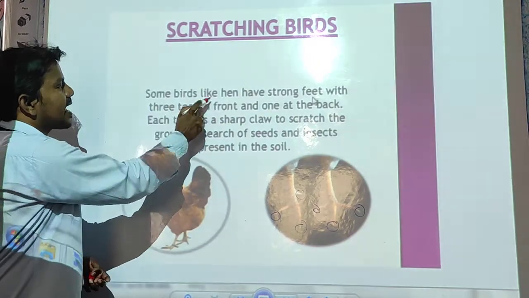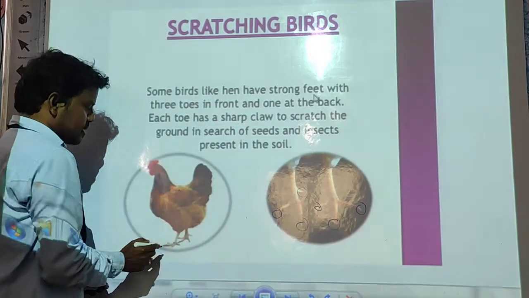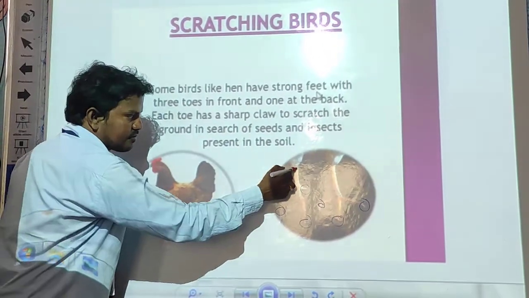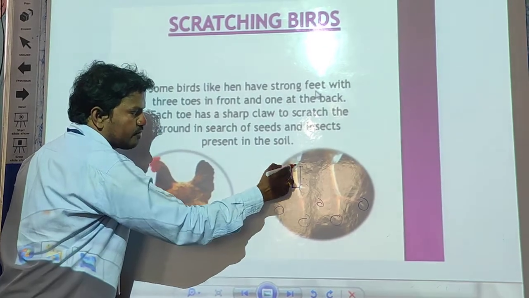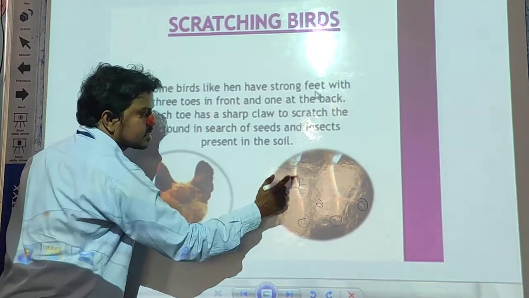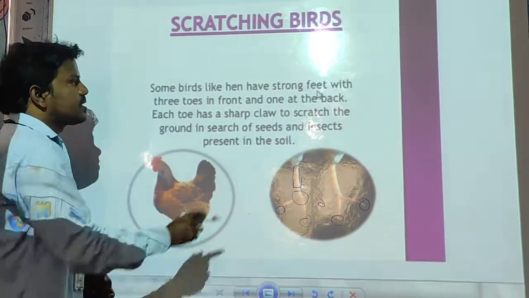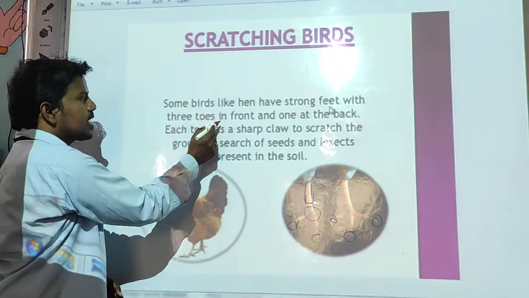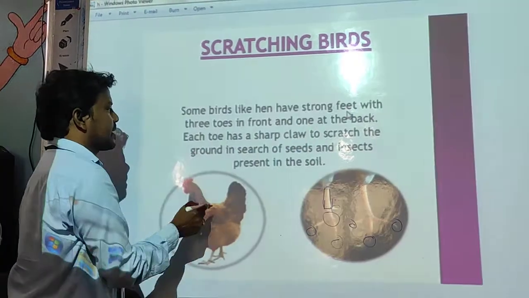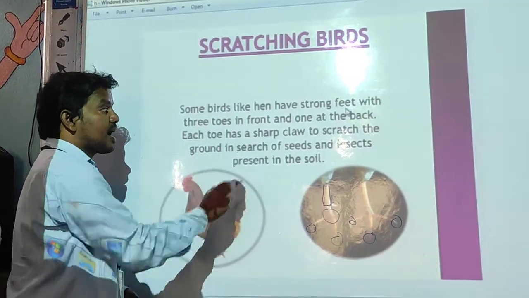Some birds like hens have strong feet. This from here to here is known as the leg, and this is known as the feet. Strong feet with 3 toes in front and 1 at the back. Each toe has a sharp claw.